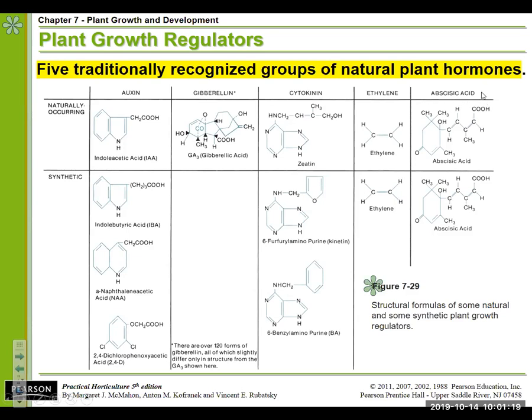And on this table here, they're taking a look at the naturally occurring hormones, as well as the synthesized forms and how the chemical structures can be somewhat different in these different formulas. Although note that ethylene, for instance, is pretty much the same. Abscisic acid is the same. Some of them are altered when we synthesize them because we can't reproduce that actual natural mechanism that they're created through.